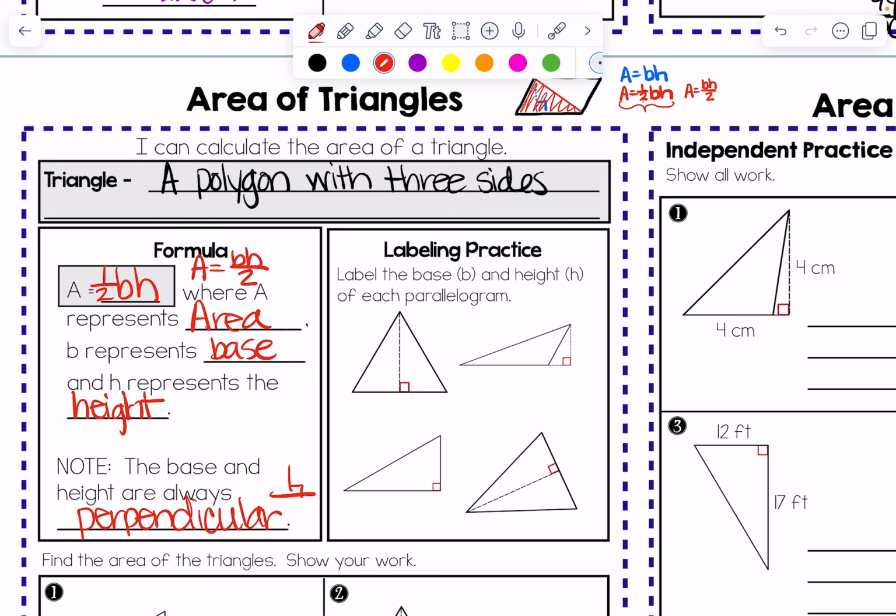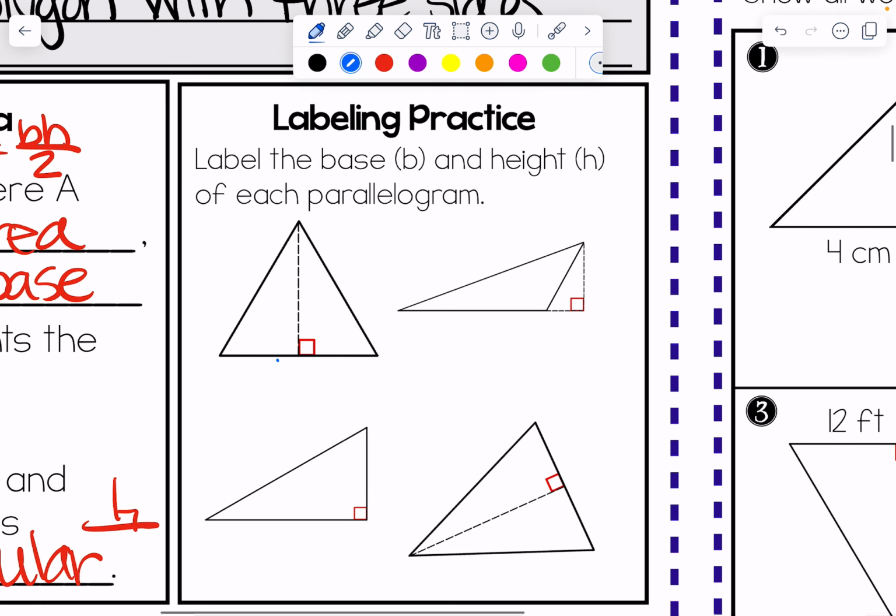So first of all, on these triangles, if we were to label the base and the height, again, you're looking for those right angles. So here are 2 measurements, my base and my height. Here's the right angle. So this base, even though the right angle is kind of formed off to the side, that's okay.